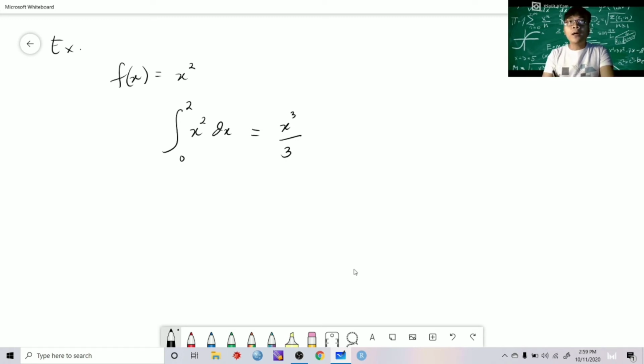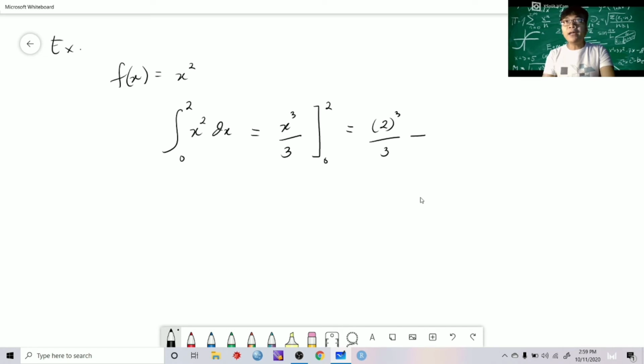Now, evaluating this from 0 to 2, we first plug in 2 to x. So we will have 2 raised to 3 over 3.